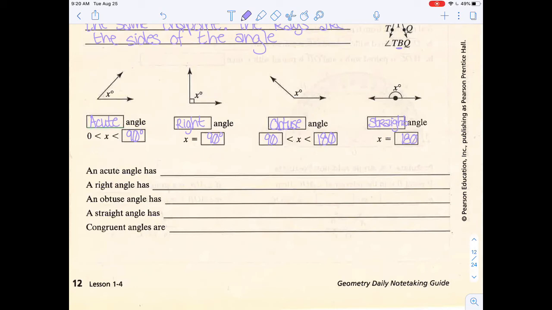Okay, so now we're going to write these out in words. We've got our examples. An acute angle has a measure less than 90 degrees. A right angle has a measure of exactly 90 degrees.